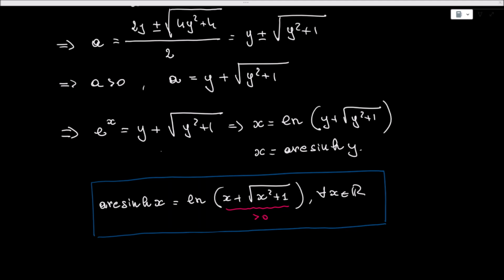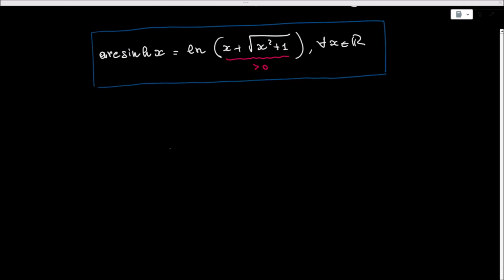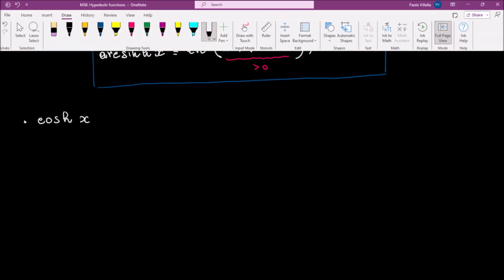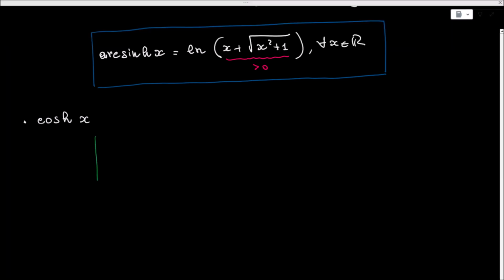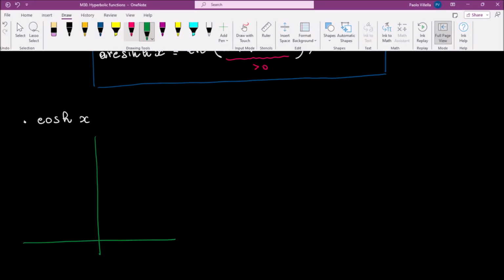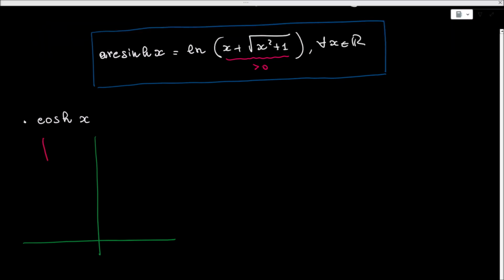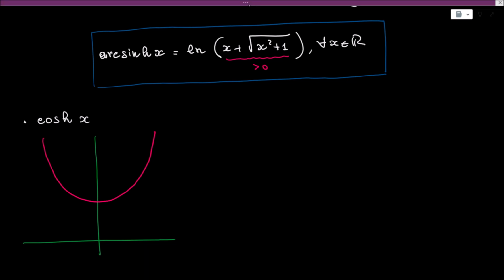Let's now explore the possibility of building the inverse of the hyperbolic cosine of x. Now, the hyperbolic cosine of x, we saw that the graph is this one, okay, with this point being 1.